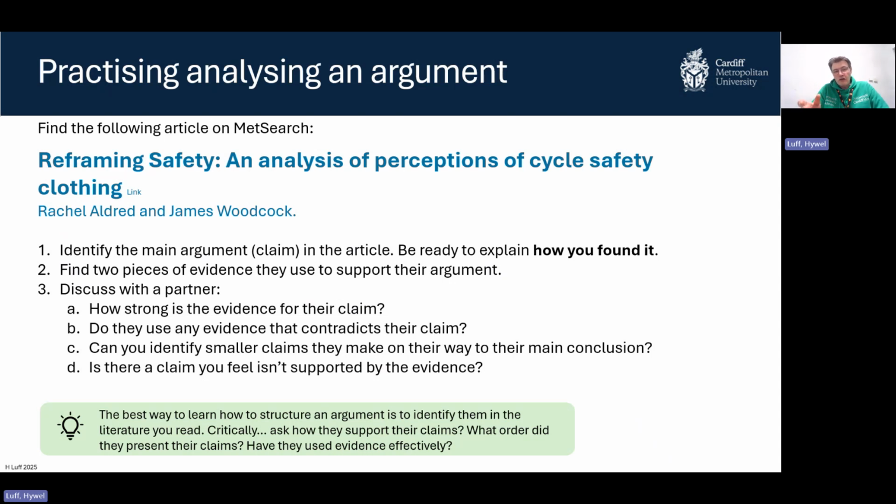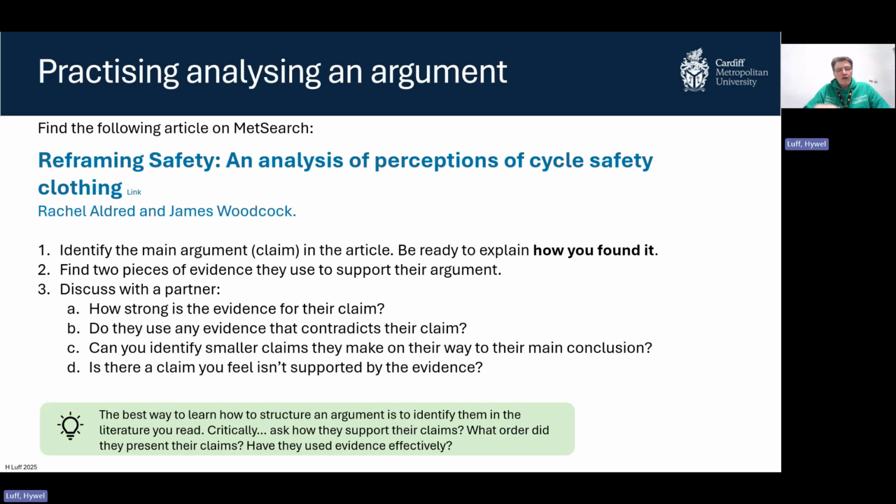This is quite an interesting article because it comes up with some things that are quite counterintuitive. As you skip through it, without reading the whole thing, have a quick go through the abstract, the conclusions, maybe have a skim read of the introduction. What's their main argument? What's the main claim? Think to yourself, how do I find it? What techniques do I use to find that?